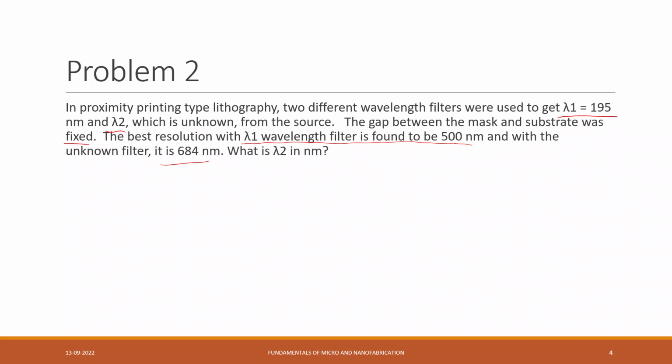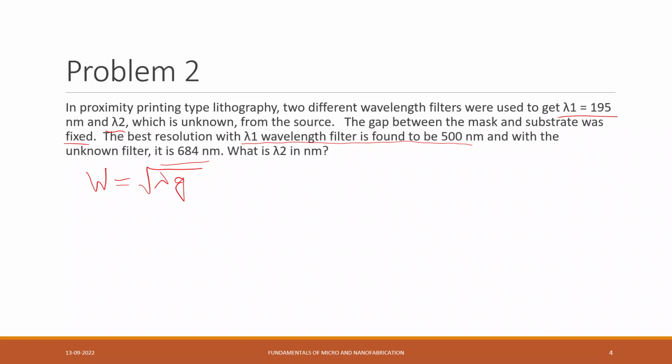So essentially, what is given is the relation. First, the resolution is related to lambda and the gap between the mask and the substrate, so root over lambda into g.